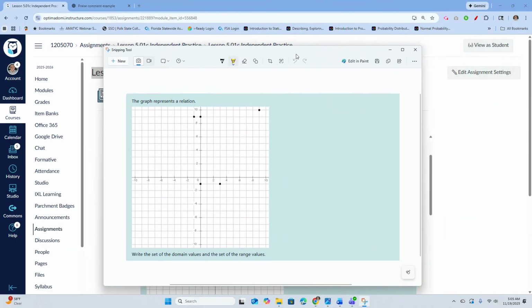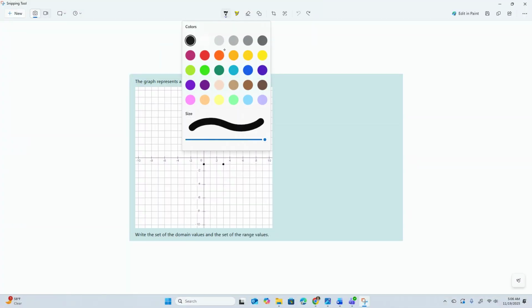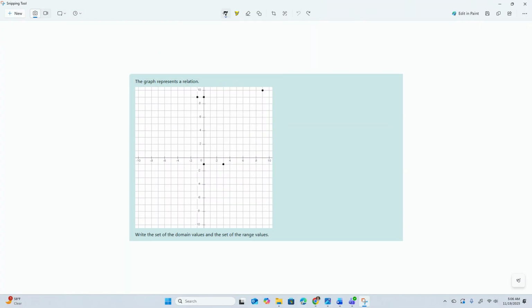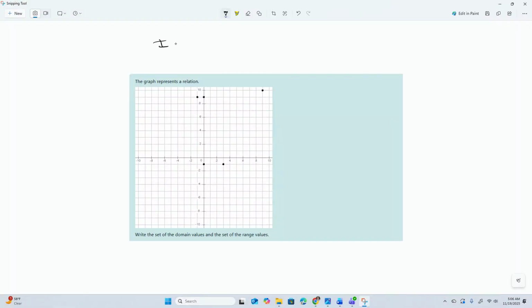Here's problem number one. Basically, we're going to identify the domain and the range of this relation.